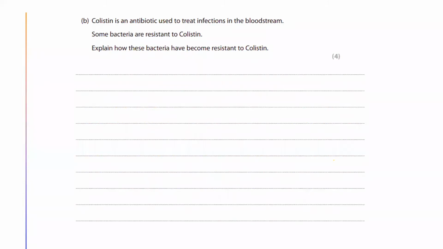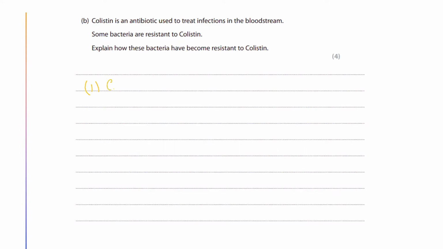Okay, colistin is an antibiotic used to treat infections in the bloodstream. Some bacteria are resistant to colistin. Explain how these bacteria have become resistant to colistin. Right, okay, so it's talking about antibacterial resistance really here.